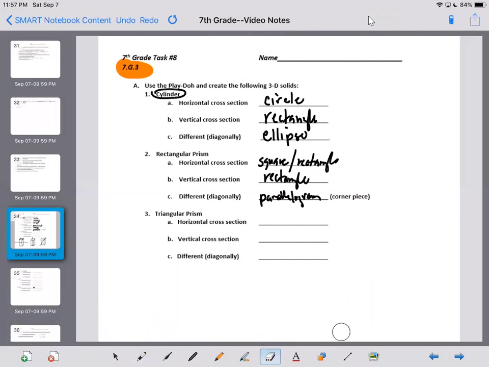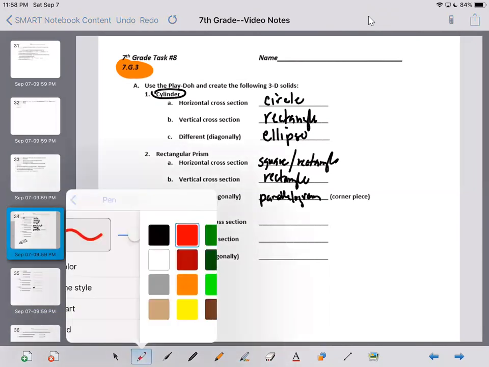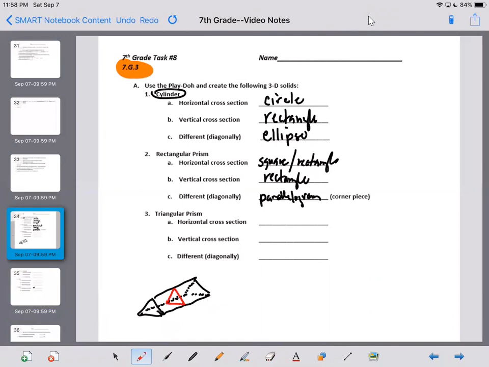All right, and then if you take a triangular prism, take this type of shape and think about if you slice it vertically, then you're looking at slicing it up and down, and your vertical would be your triangle.